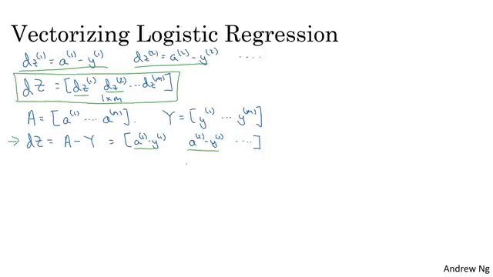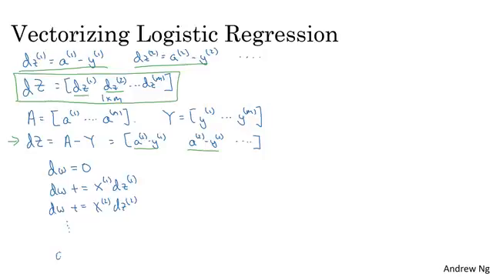Now, in the previous implementation, we'd gotten rid of one for loop already, but we still had this second for loop over training examples. So we initialized dw to a vector of zeros, but then we still had to loop over training examples where we have dw plus equals x1 times dz1 for the first training example, dw plus equals x2 times dz2, and so on.